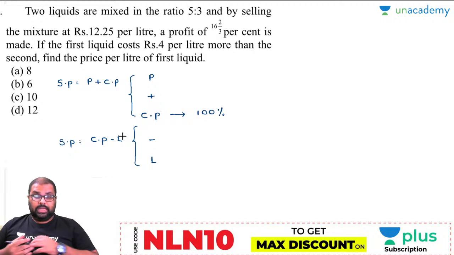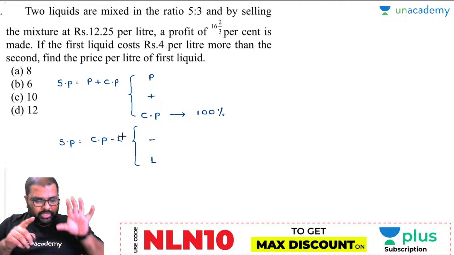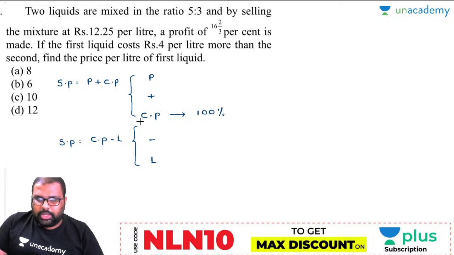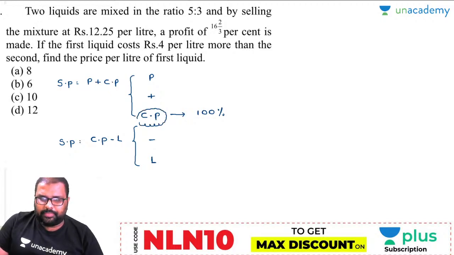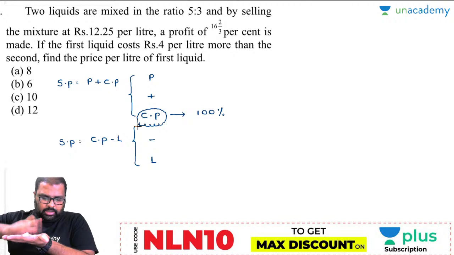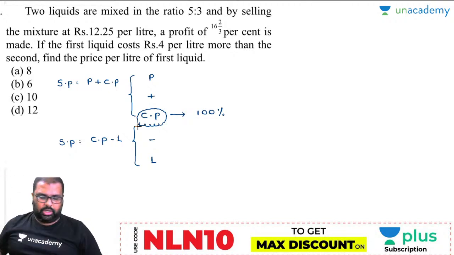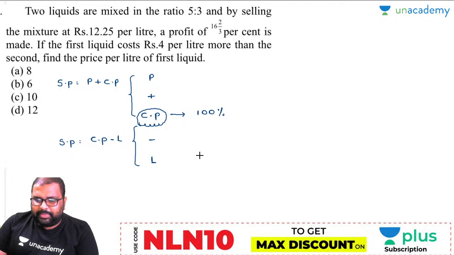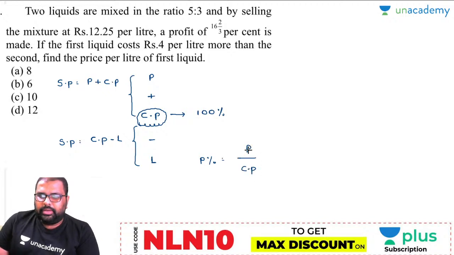Now closely observe, whether your profit or whether your loss, you are speaking only on the base of your cost price. Am I right or wrong? On the cost price base only, you are saying whether you got profit or whether you got loss. So profit percentage, how will you calculate your profit percentage? As you said, based on the cost price, I will calculate my profit into 100.